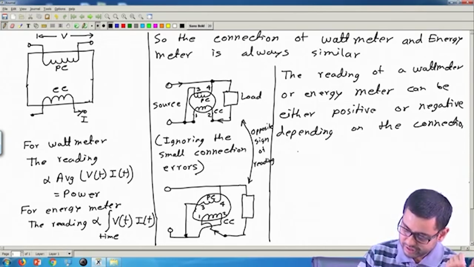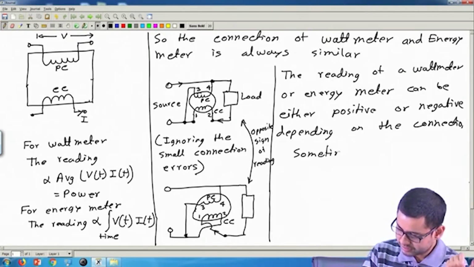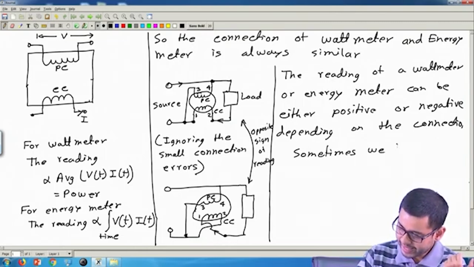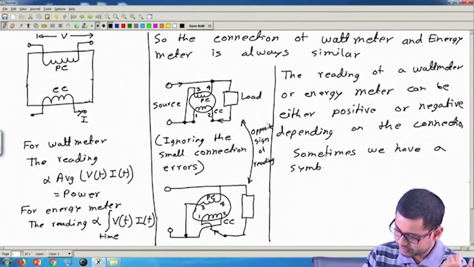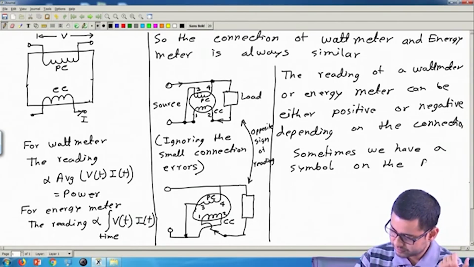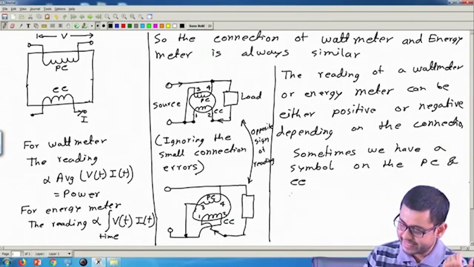Sometimes we have a symbol on this pressure and current coil, indicating how to connect.